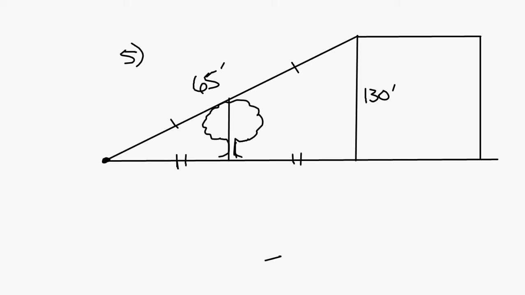Number 6, pay close attention, please. You've got a coordinate plane, and on that coordinate plane is a triangle. You are asked to find the circumcenter of that triangle. The triangle looks something like this.